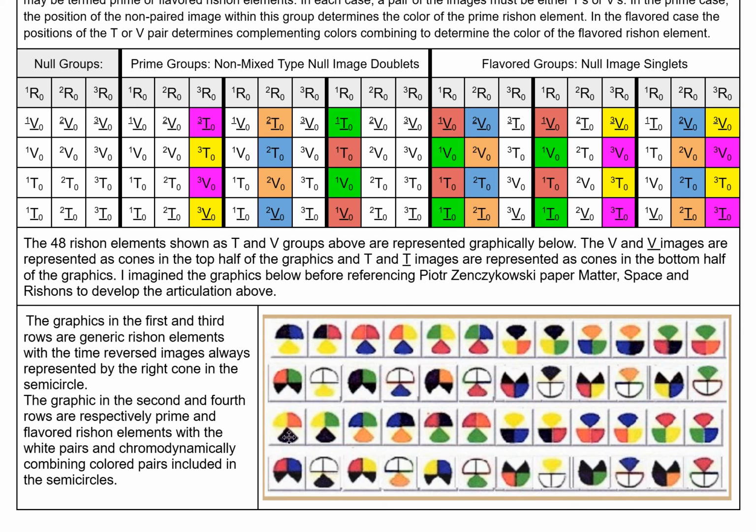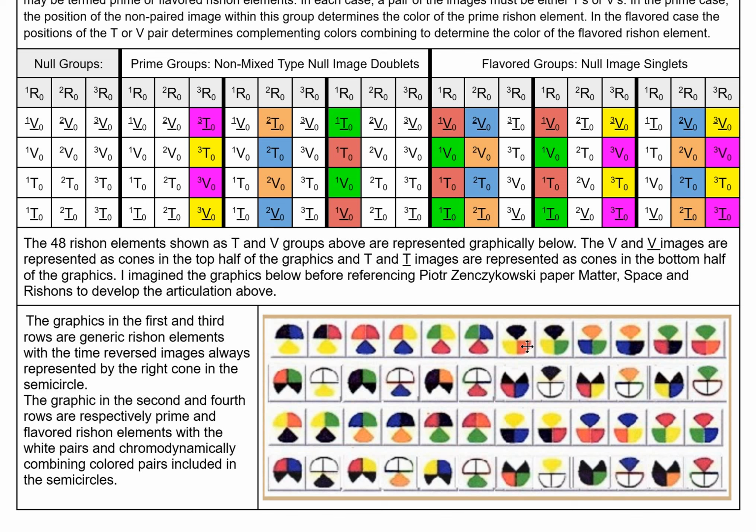Or in this case, if this is an anti-T, then this right cone has to be a V. So the tan reverse cone, which in the case of the generic Rishons gives the color, in this graphic is always represented by the cone on the right side.